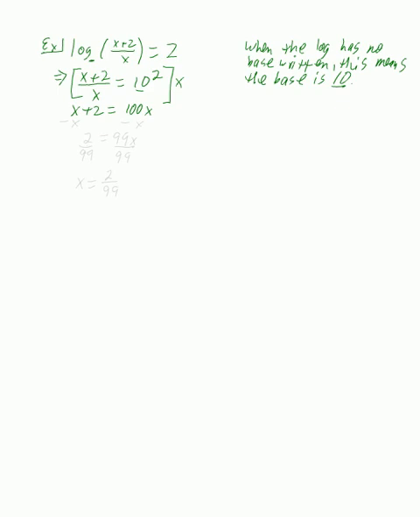The 100 comes from the 10 squared, and the x gets multiplied here. I can now subtract the x to gather my like terms. This gives me 99x, which is equal to 2, and now I'm going to solve for x by dividing by 99. And there you have it.